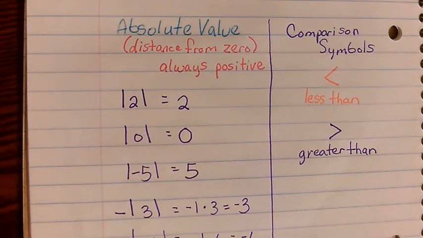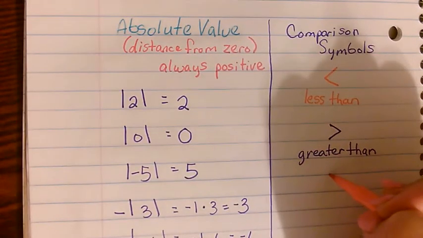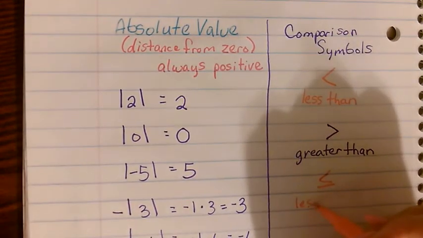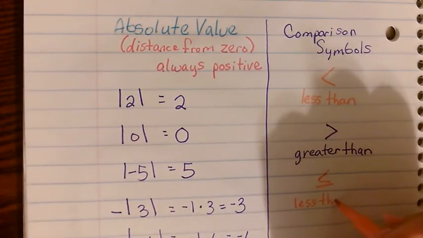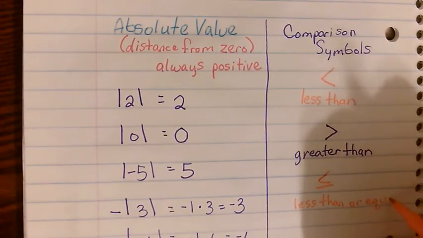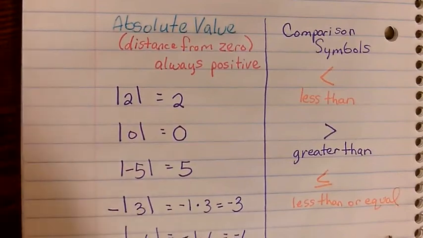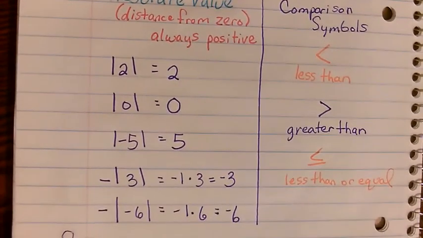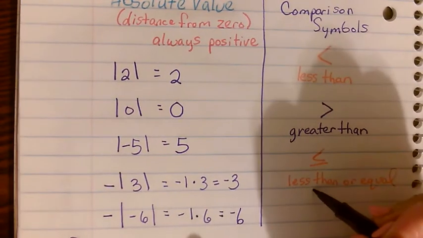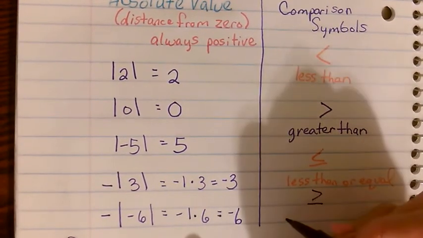The next symbol would be less than or equal to. Then we have greater than or equal.